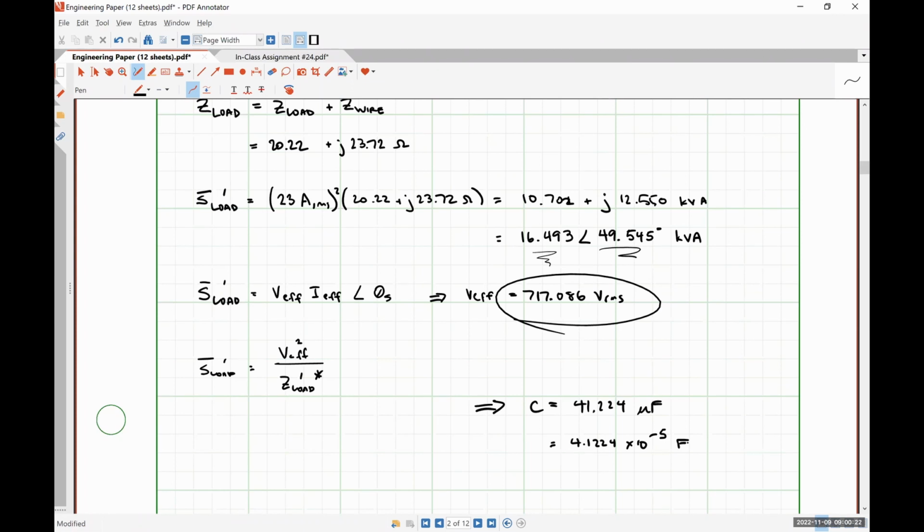Yes, Jonathan. Okay. So let's see if the web work gods have smiled on our calculator. 41.224 microfarads.